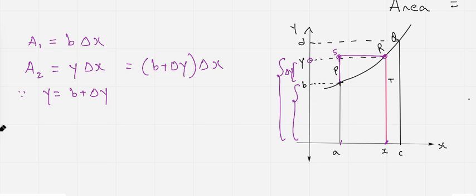Its length is also b plus del y, of course. So we just say that A3 is equal to b plus del y, that is the length of this big rectangle, times del x. That's it.